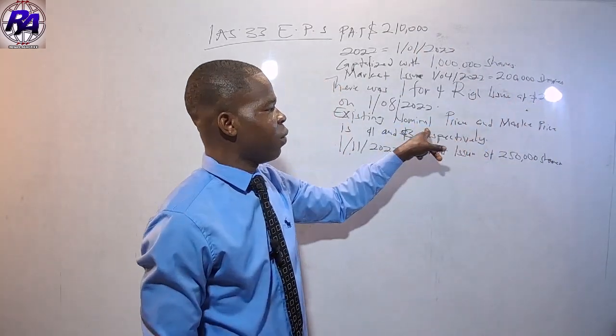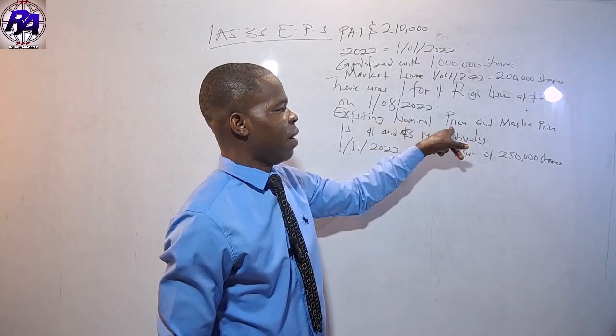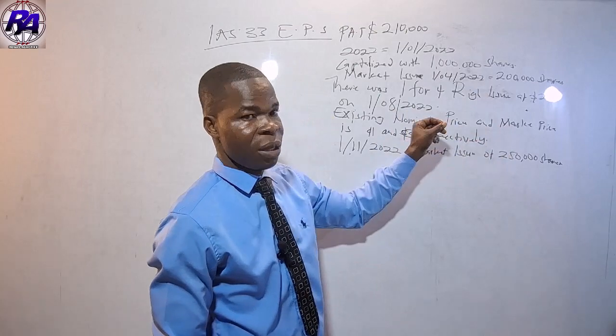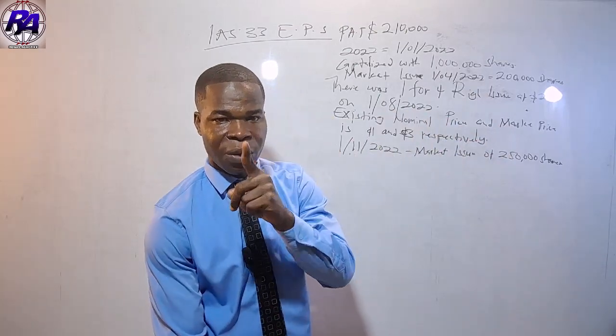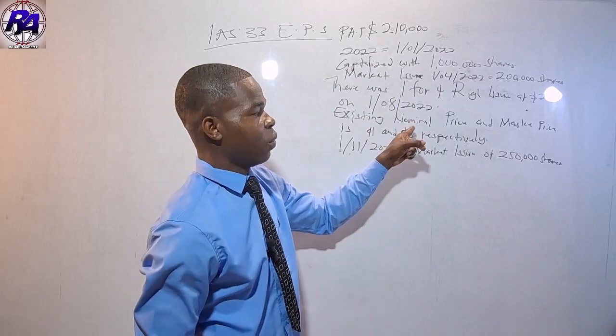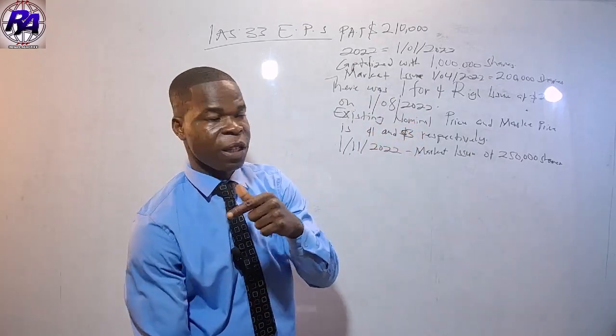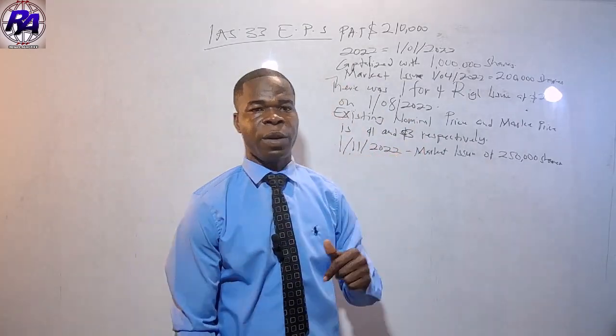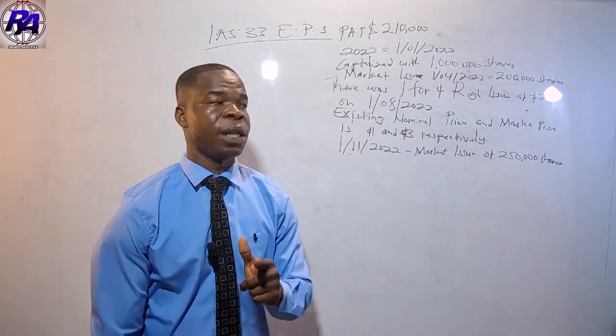The nominal value of the existing share is 1, and the market price is 3. I brought this to tell you which price we are supposed to use when there is a right issue, the nominal price or the market price. And then again, there was a market issue on 1st of November 2022. Now the question is, what is your basic earnings per share?